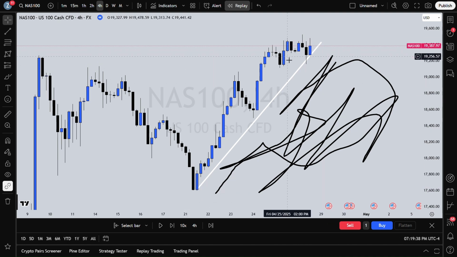Okay, so when you see a formation of higher lows being created and you take your trend line and extend it from the most recent low to where price currently is, you are able to tell if you're in an uptrend or not. I hope that makes sense.